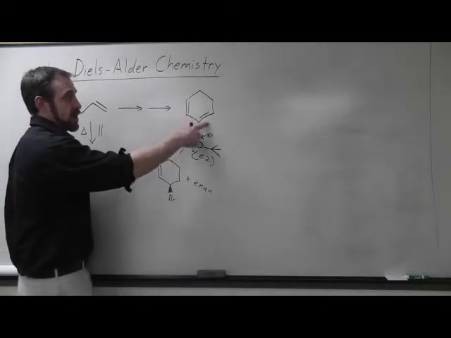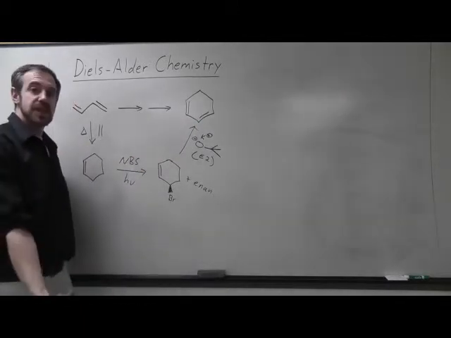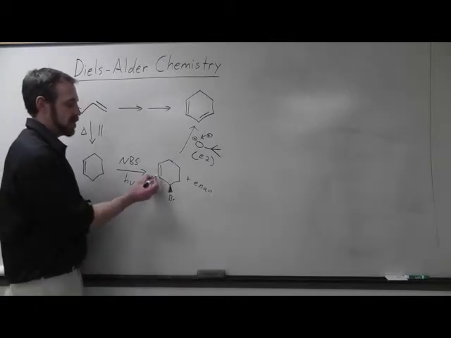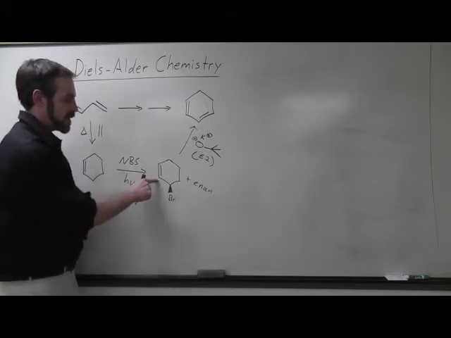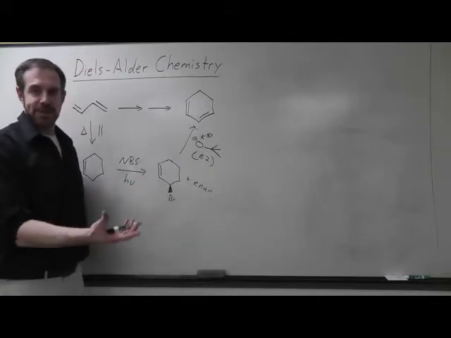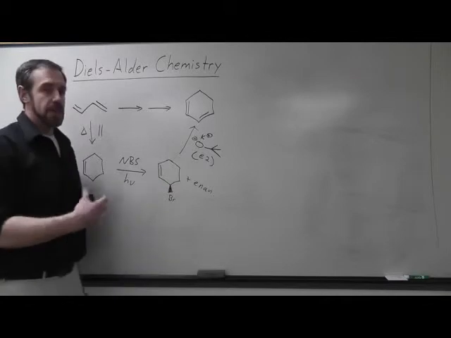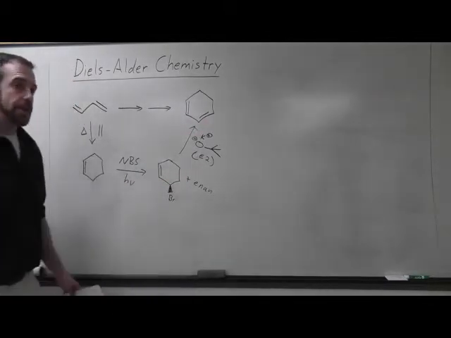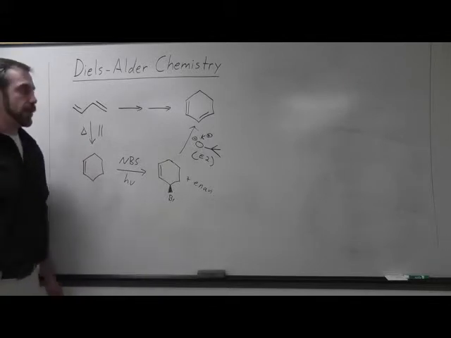In this case, the conjugated system is favored because it's so much more stable to have conjugated double bonds. The only other possibility would be to form a double bond between these two carbons. That would give you sp hybridization on this carbon, which is prevented by the six-membered ring, but that would be much less stable anyway than the conjugated system we have here. So these are good reactions to know.